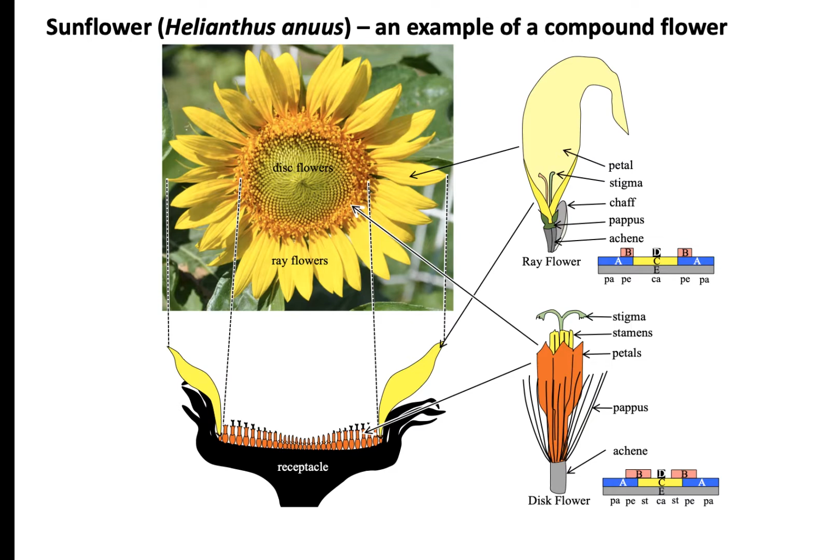No stamens are formed, and just a carpel is formed in the middle. So you can get seeds formed in that area, but there are no stamens to fertilize it. Those have to be fertilized by the disc flowers.